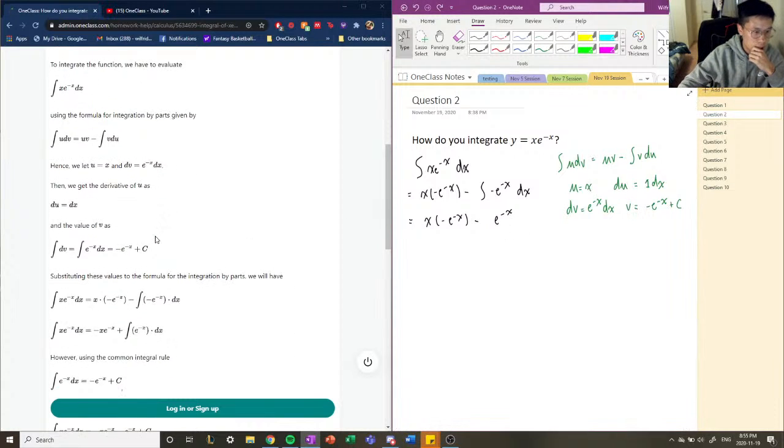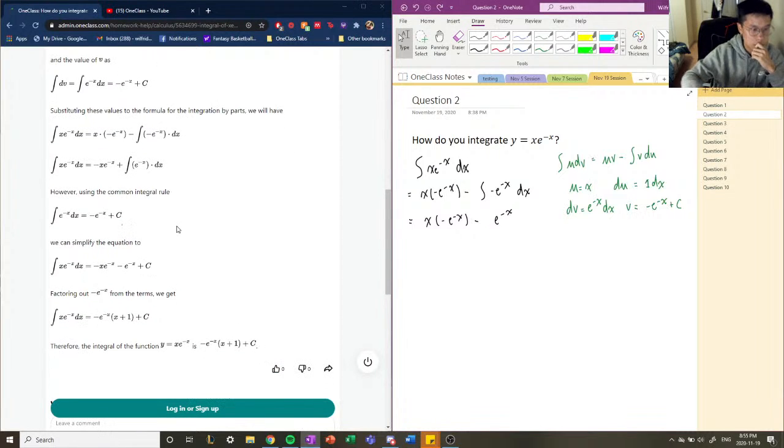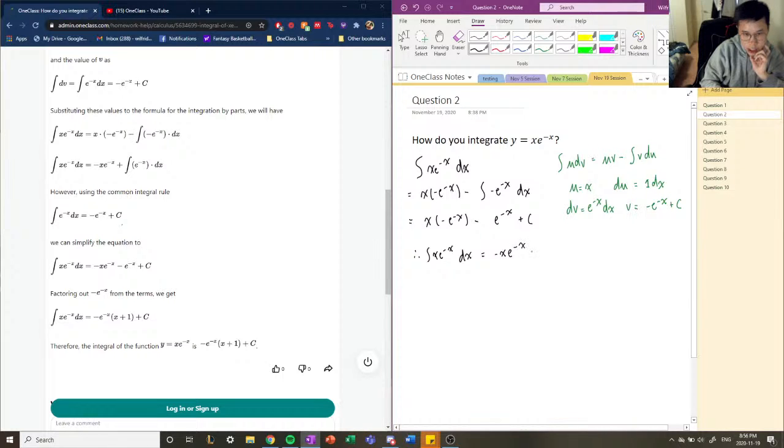And we need to add a plus c, of course. Therefore, the integral of x times e to the negative x dx equals negative x times e to the negative x minus e to the negative x. Okay, cool. So that's the answer to our question here.